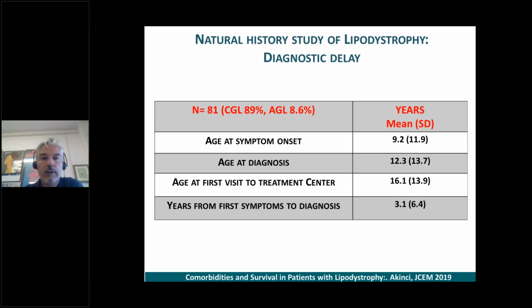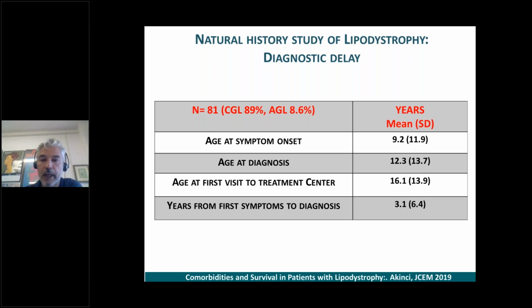On average, and these are data again by Baris Akinci, the age at diagnosis in patients mostly with congenital forms is 12 years. And on average, this type of patients may reach for the first time a treatment center when they are 16 years of age.